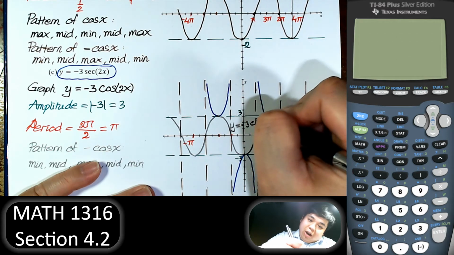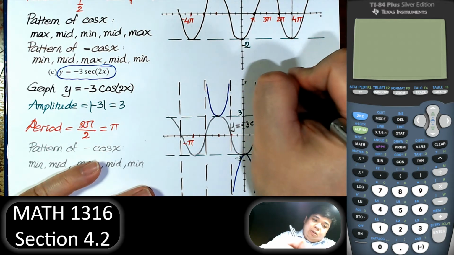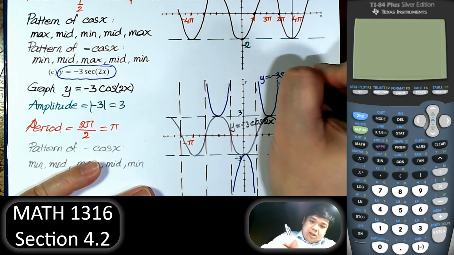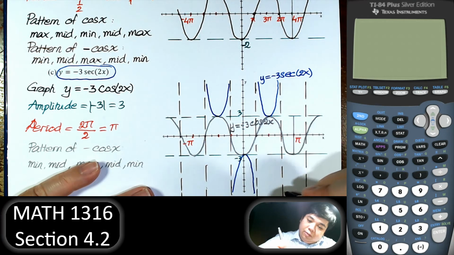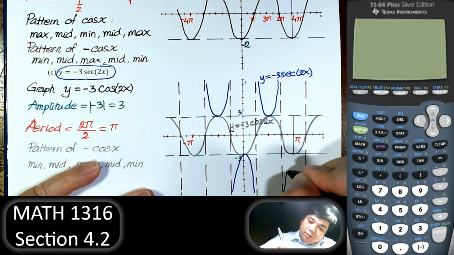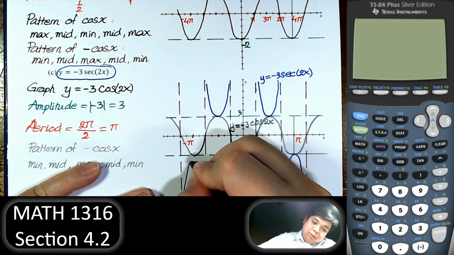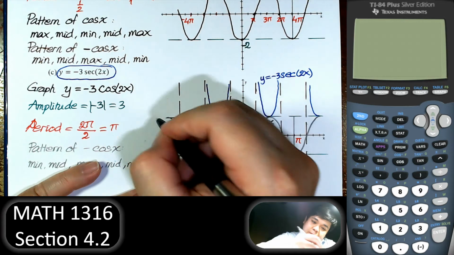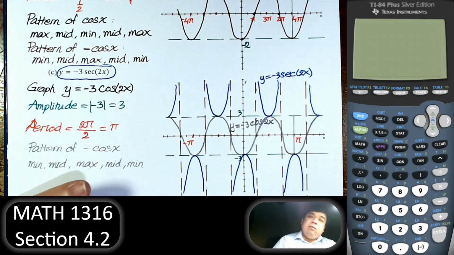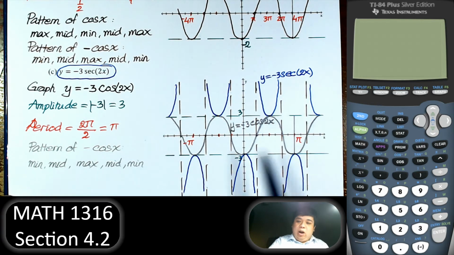So this is the graph of negative 3 secant of 2x, the one, not the one in the middle.